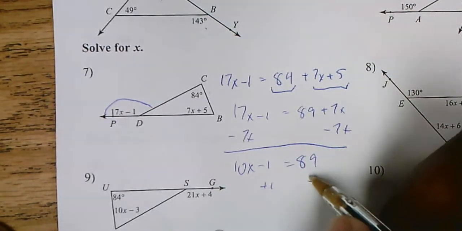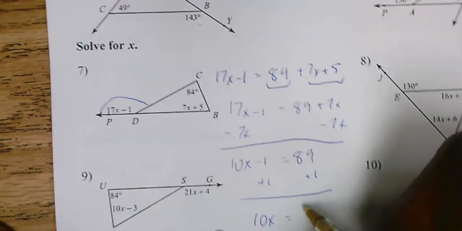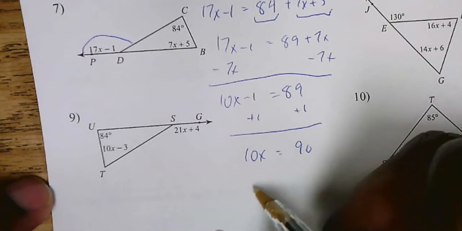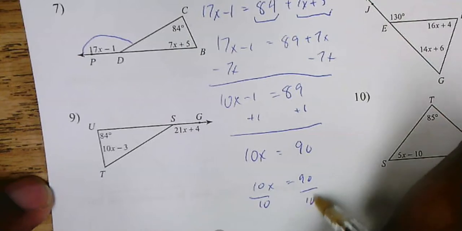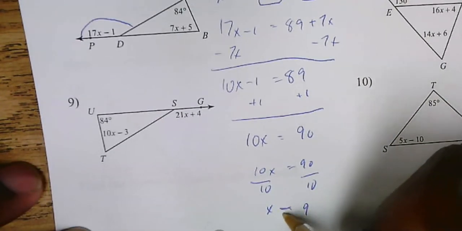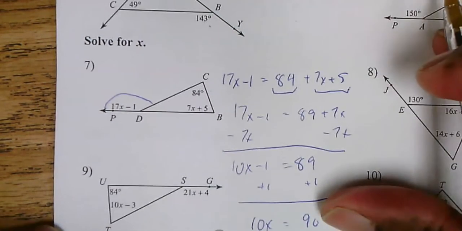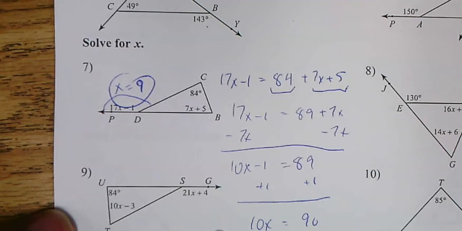Add 1 to both sides, and 10x equals 90. And we divide by 10. x has to be 9. So in this case, if I had to solve for x, I know x has to equal 9. Let's do a new one.